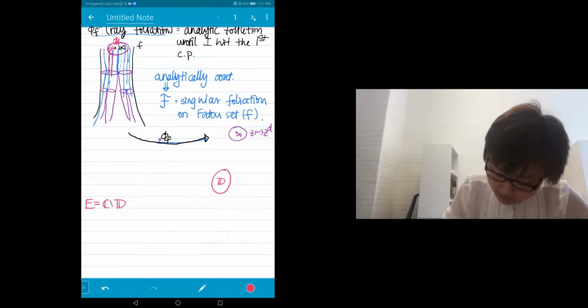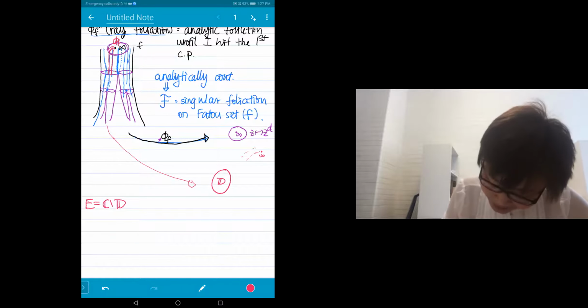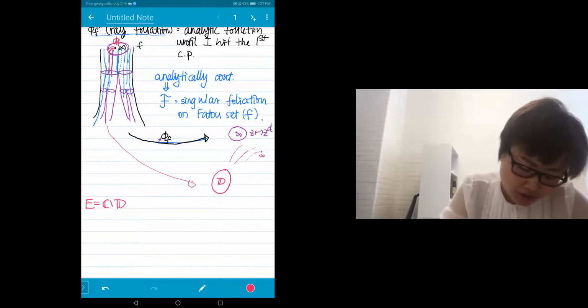And infinity is very far from there. So I will see basically rays coming into that. So based on this foliation, on the right-hand side, this picture looks something like that. But this foliation will stop, right?